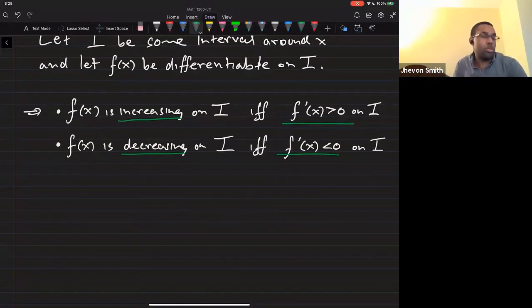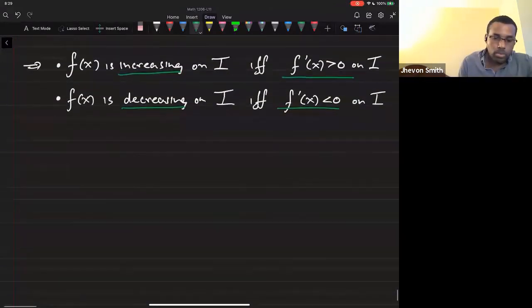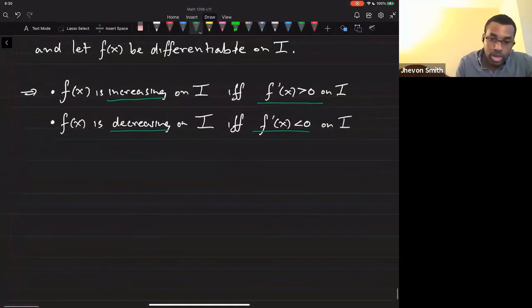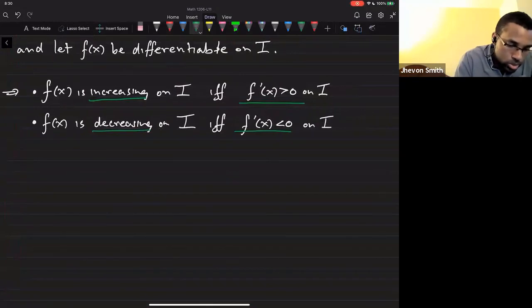Of course, if the slope is 0, you don't think of it as increasing or decreasing. But there are problems with me just saying f prime equals 0 means it's not increasing or decreasing, which we'll see later. But for now, you can just assume these two are true.